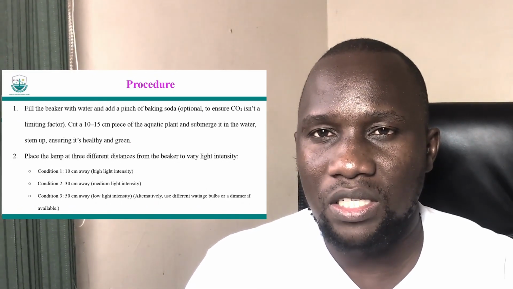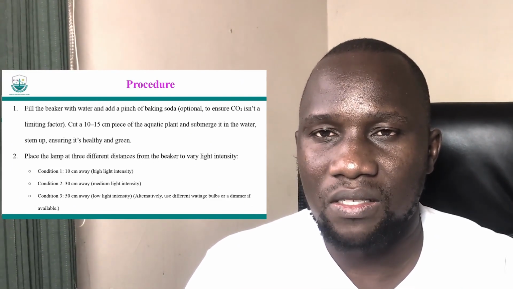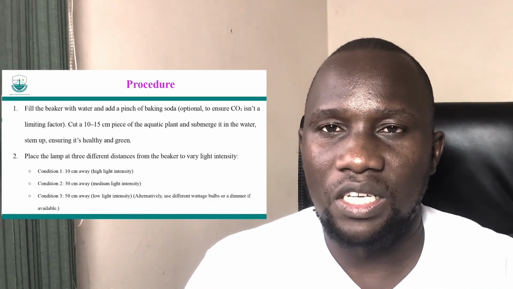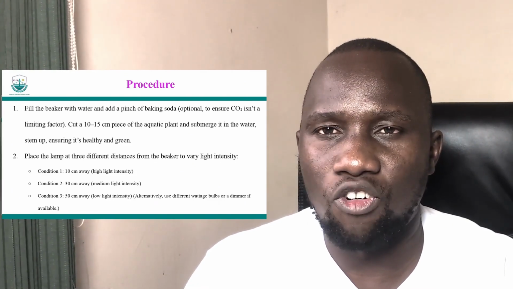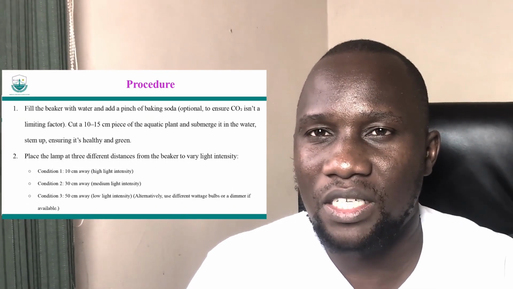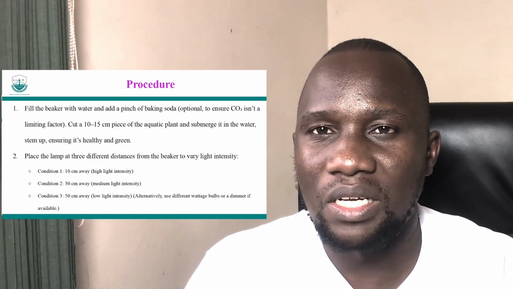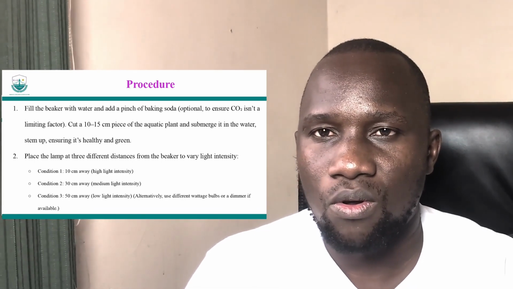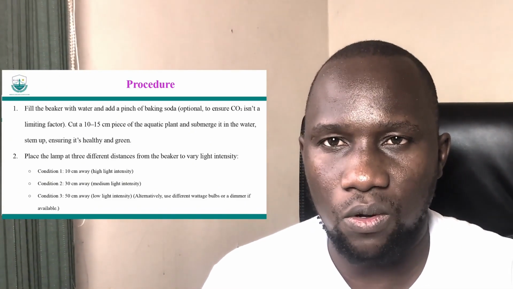Okay, the logic is that when indeed this plant makes food, that is photosynthesis, oxygen is going to be released. Okay, and that oxygen is going to be released in form of bubbles. So you'll be interested in counting the number of bubbles that the Elodea plant will be releasing in a given period of time. That's why we have the stopwatch. Okay, so your setup is going to be as follows.